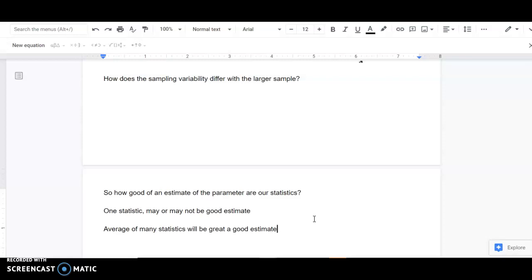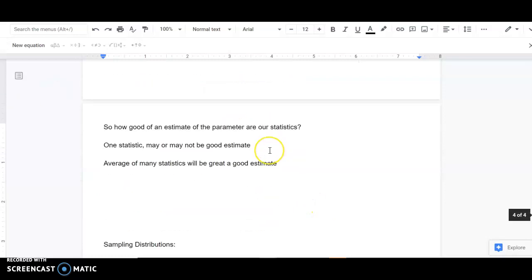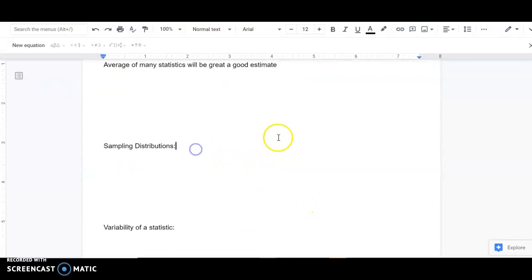Now the problem is, and this is why this is not super efficient, it's a pain to take a population and sample it over and over again. In general, in statistics, we want to take one sample and use that one sample and that one statistic to say some stuff about our population. So that's what we will eventually get to, but we start with just looking at how they lay out. So that's going to bring us to these sampling distributions, right?